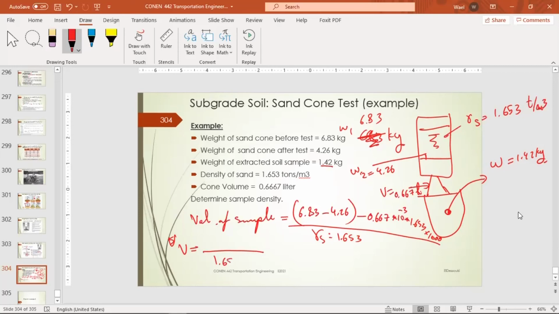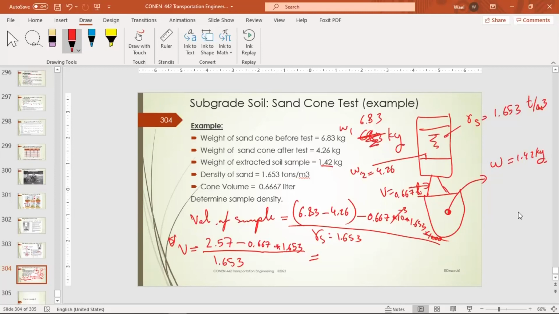So the volume of the sample equals, with gamma of sand 1.653, 2.57 minus 0.667 multiplied by 1.653, because the 1000 will cancel out with the 10 to the power minus 3, divided by 1.653.